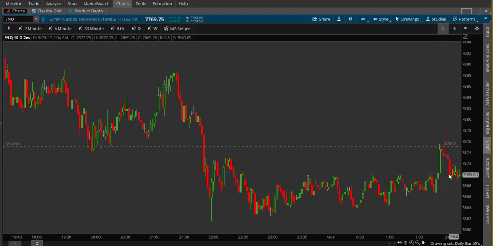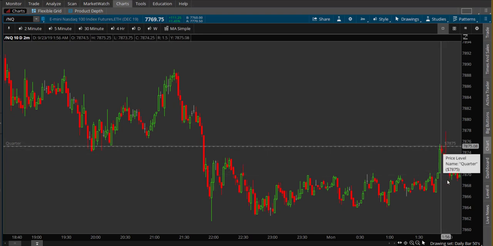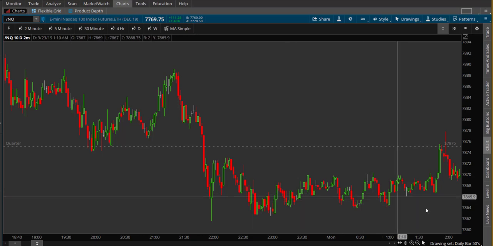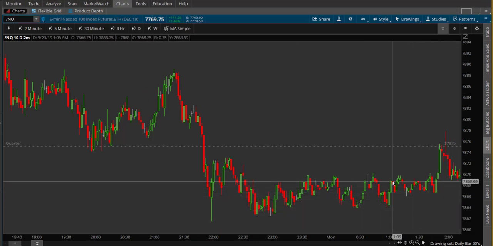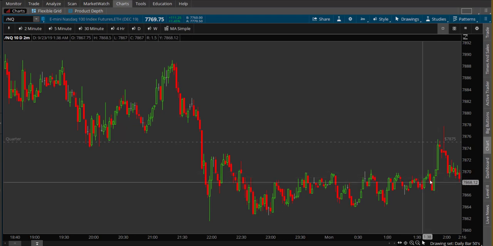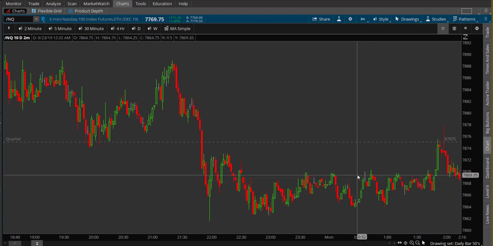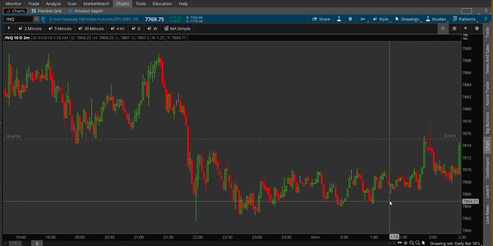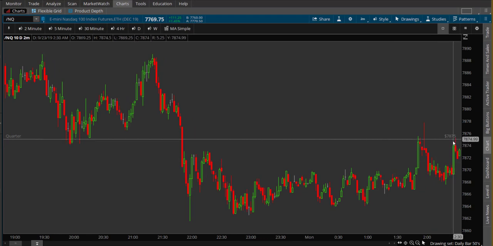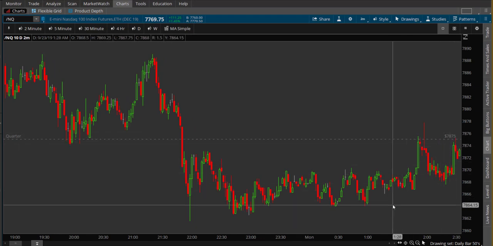If you had taken this short from the rejection, your target would be 78.50. We're not getting there. Instead, all we did is we came right back down into this price structure where it's looking to find some support. Came back up and tested that 75 again.